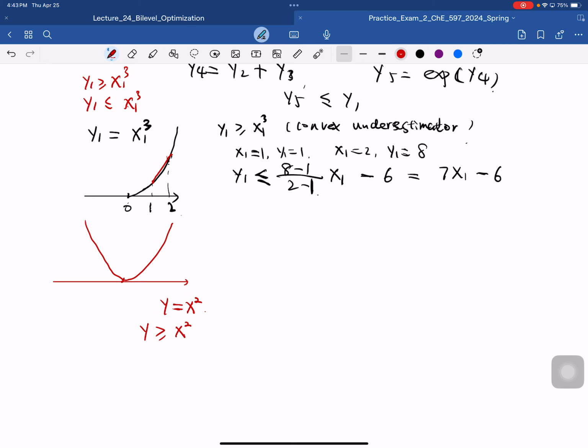This is like an epigraph of a convex function, right? But if you have y less than or equal to x squared, it is called a hypograph of a convex function, right? So it's a region underneath a convex function, which is not a convex region, right? So this region is a convex region, but this region is not a convex region, right? That's why you need to relax the region that is not convex, okay?